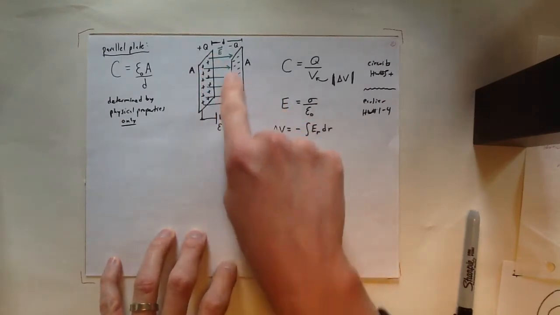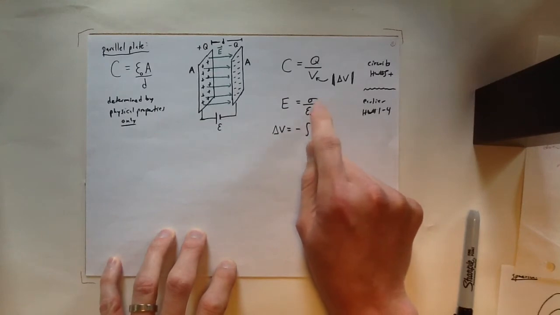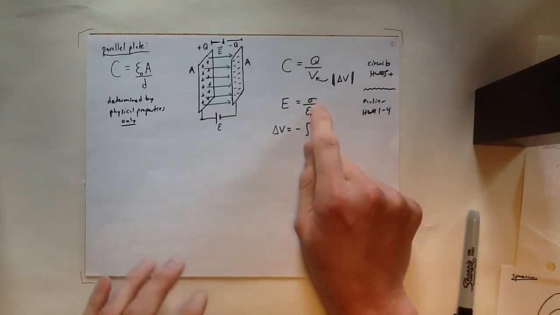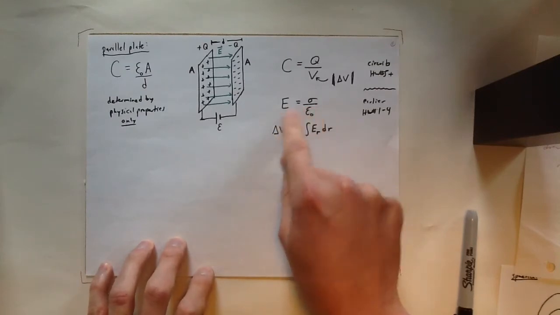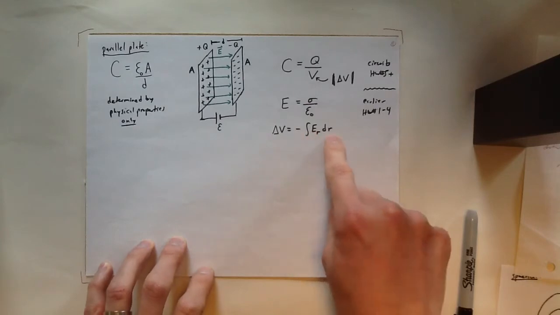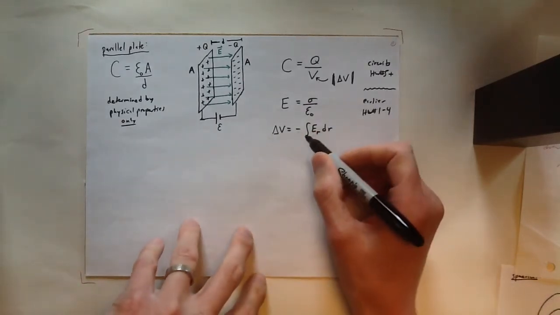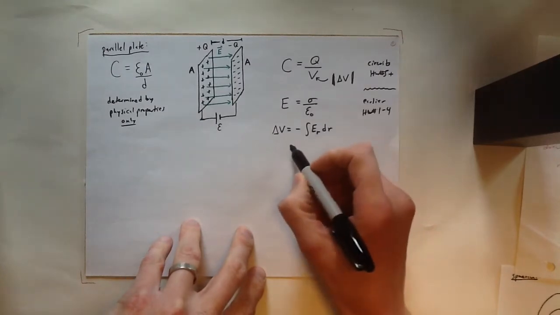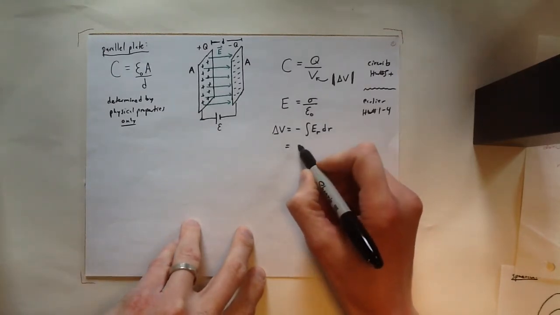Now we know that the electric field between the plates is sigma over epsilon naught. That's a result that we've done several times now, so I won't recap why that is. And then if you wanted to get the voltage difference, of course, that goes right in here. We've been integrating to get the delta V. And so if we put that in there, in this case the electric field happens to be constant, so we can pull that out.